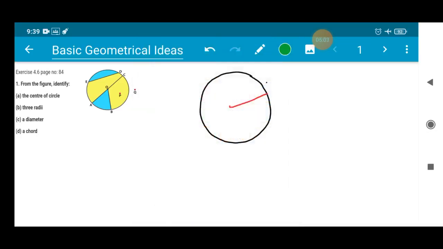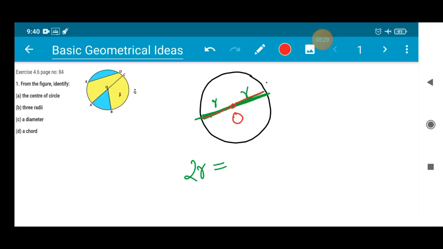If I connect this line straight from the radius, that is another radius. That means how many radii do you find? Two radii. So if there is a long straight line segment which passes through the center, this is the center, and earlier this was only the radius. Now I have connected this radius also from here.